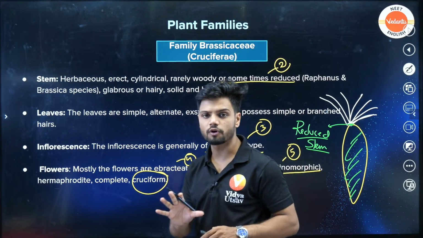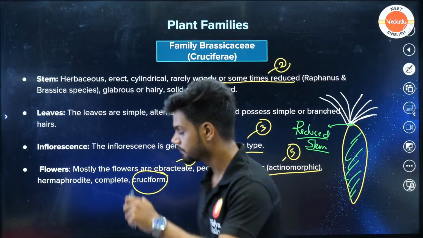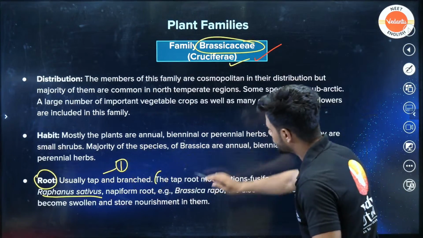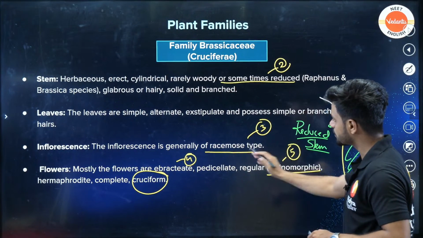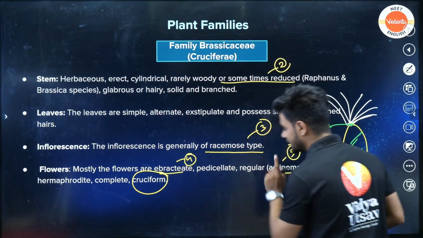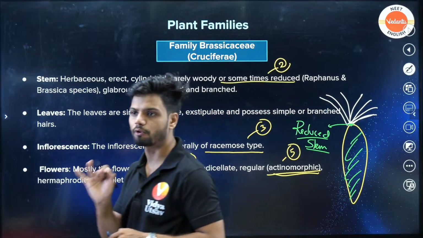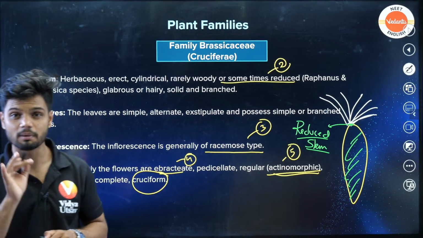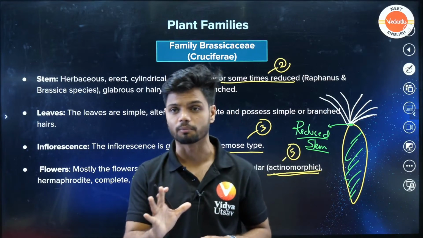Now what is cruciform? I will get to it. That is the most important point here. Remember, first point is root modification, second is stem modification, third is racemose inflorescence, fourth is ebractate condition, and fifth is actinomorphic. Remember these points, students. This is where the questions will actually come from.